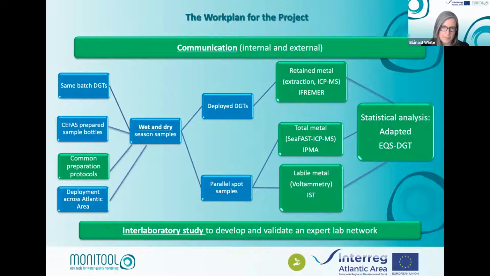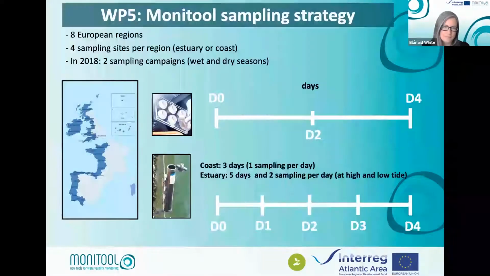And then across our partnership, our collaboration, IFREMER analyzed the DGTs, IPMA the spot samples for total metal, IST the spot samples for labile metals, and then Ifremer and ASTI led the statistical analysis to develop the DGTs. Across all of that too, we carried out a ring study, an interlaboratory study, to develop and validate an expert lab network. And I think Florence is going to tell us around that. So everything here, this is just the introduction and the welcome, and everything we will hear in more detail as the morning progresses.